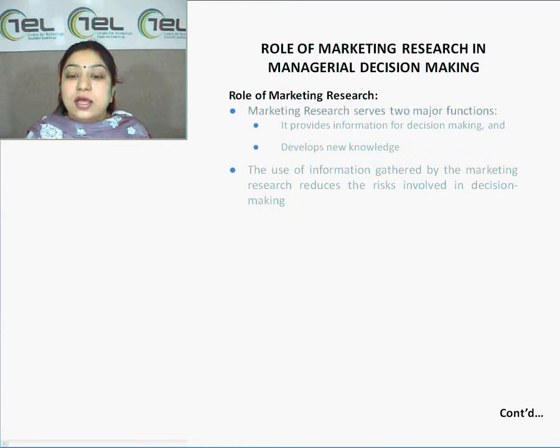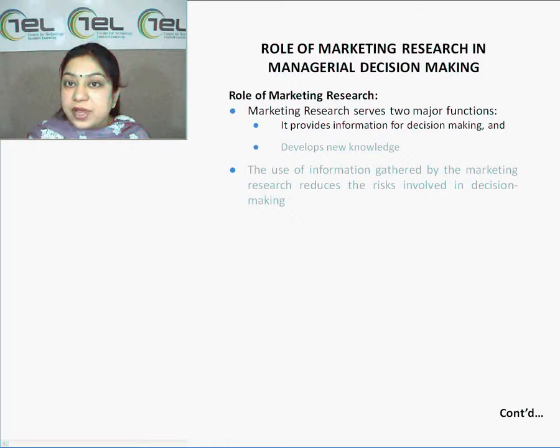There are 2 major functions which marketing research serves. First, it provides information for decision making, and secondly, it develops new knowledge for that particular area. Now, the first, it helps in decision making.